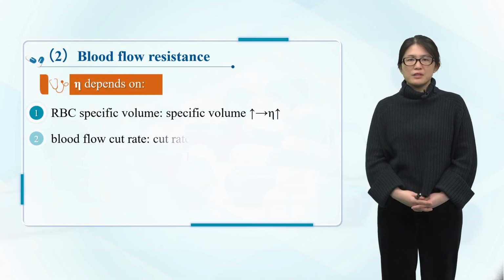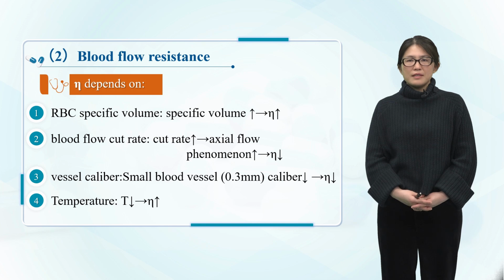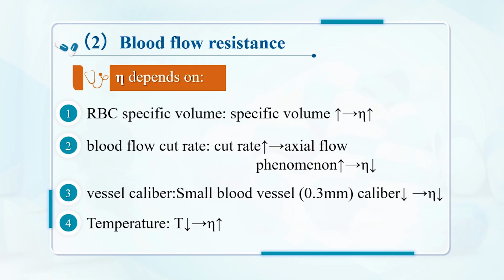The main factors affecting blood viscosity are as follows. Hematocrit is the most important factor in determining blood viscosity. The greater the hematocrit, the higher the viscosity of the blood.